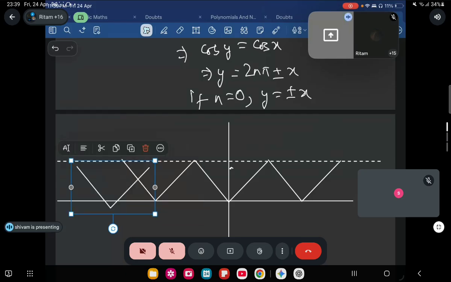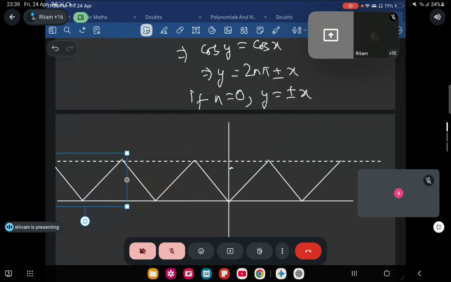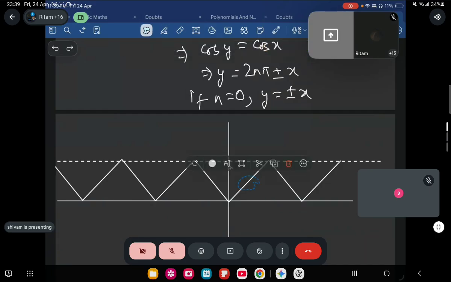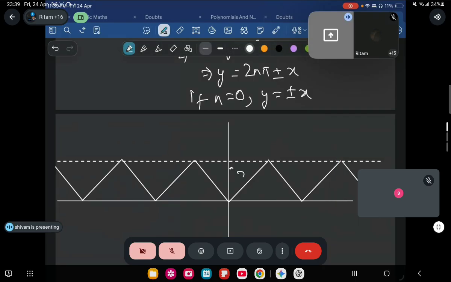You just keep on pasting over and over again. This is the graph of cos inverse cos of x. Now you people will start telling me the equation of each and every branch. This is y equal to x. This is y equal to minus x.